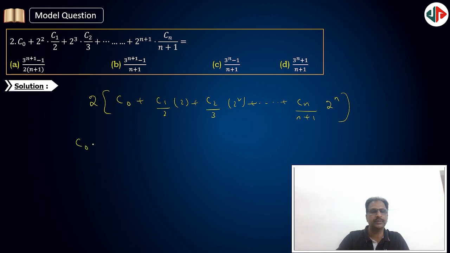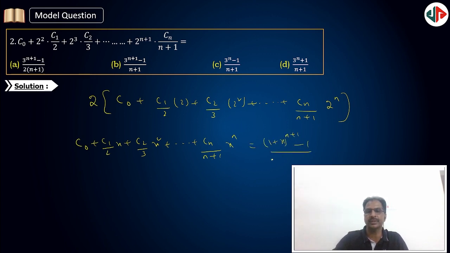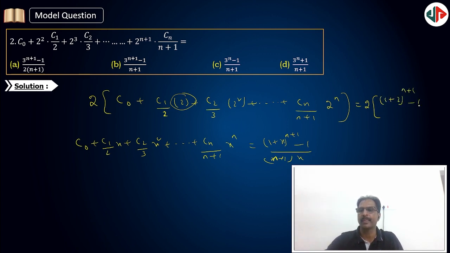And we have a formula like this: C0 plus C1 by 2 x, C2 by 3 x square plus so on, Cn by n plus 1 into x power n is equal to ((1 plus x) whole power n plus 1 minus 1) by (n plus 1) into x. This is the formula we have. Now in place of x we have 2. So apply that formula by replacing x with 2. So ((1 plus 2) whole power n plus 1 minus 1) by (n plus 1) into 2. Just put x is equal to that, so 2 gets cancelled.